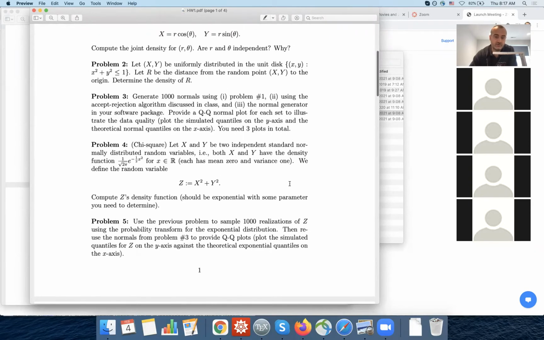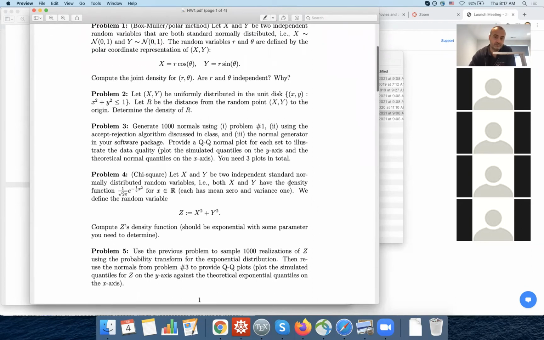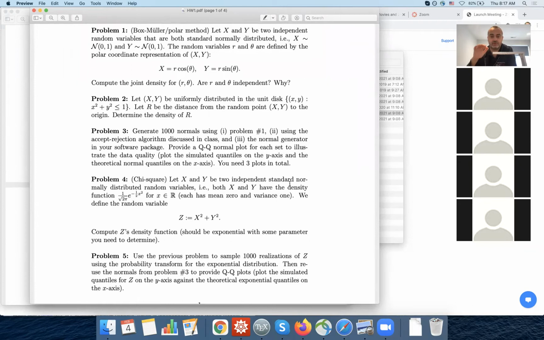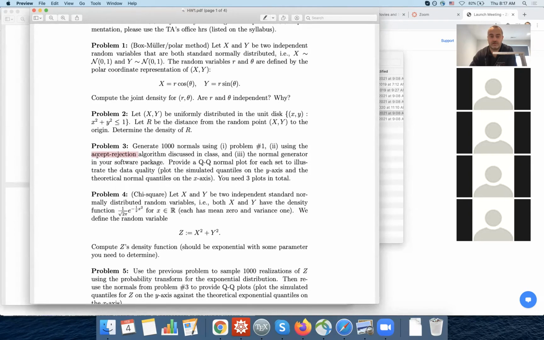The things that we have not done is we talked about all the things, but we have not talked about this acceptance rejection algorithm for problem number 3. So that's the part that we're going to start out by doing today.